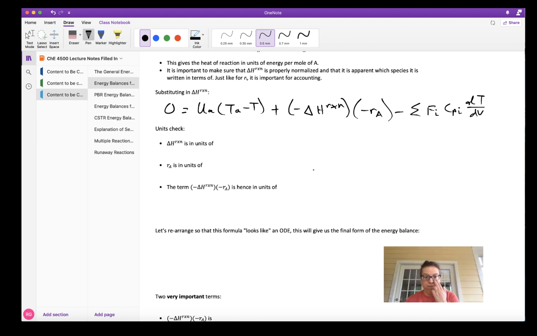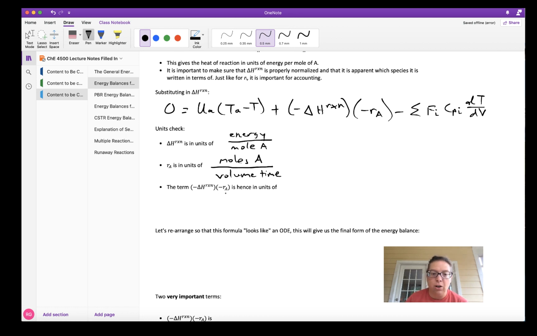We get this expression. All right, so let's do a units check. Every term in this energy balance should have units of energy per volume per time. So let's look at this term. Heat of reaction has units of energy per mole, in this case mole of A. Ra, we know, has units of moles of A, and we know it's A because we've got this subscript here, per volume per time.